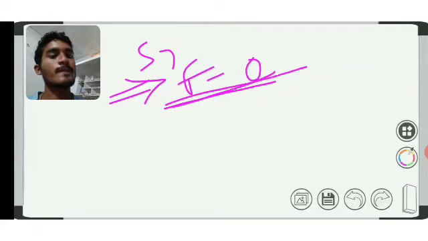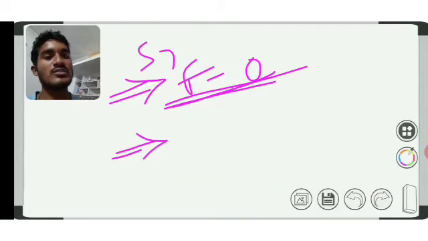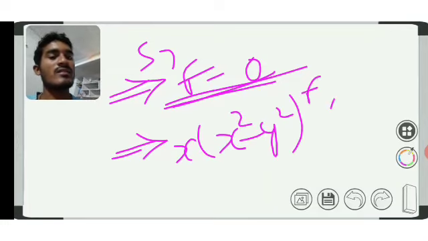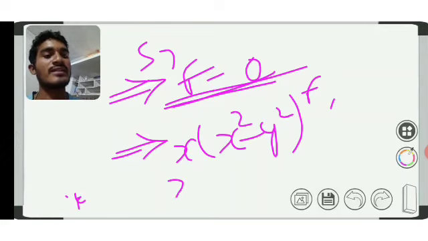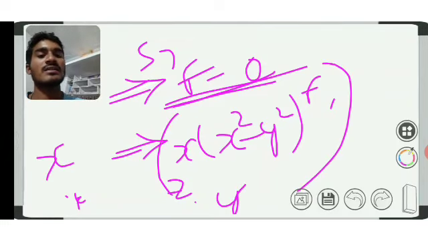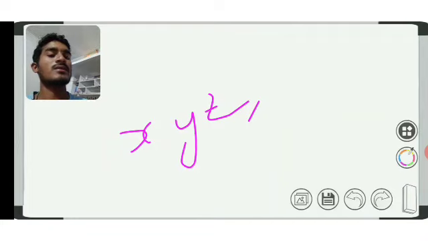The structure of f orbital, when we write it as a mathematical expression: x into x square minus y square, and in the place of x we put z, and in the place of z we put y, as usual the same but different in xyz, and xyz and z cube.